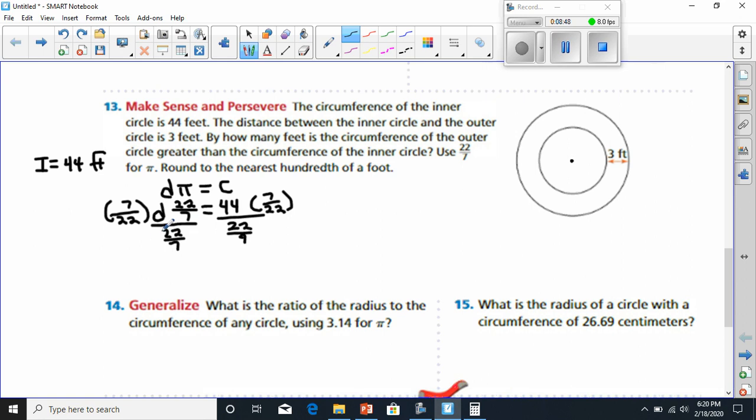And that gets rid of all this stuff. I'm just going to erase it here. So let's go ahead and work this now. Well, this gets rid of this, right? And that leaves D. But this is 44 times 7 divided by 22, all right?